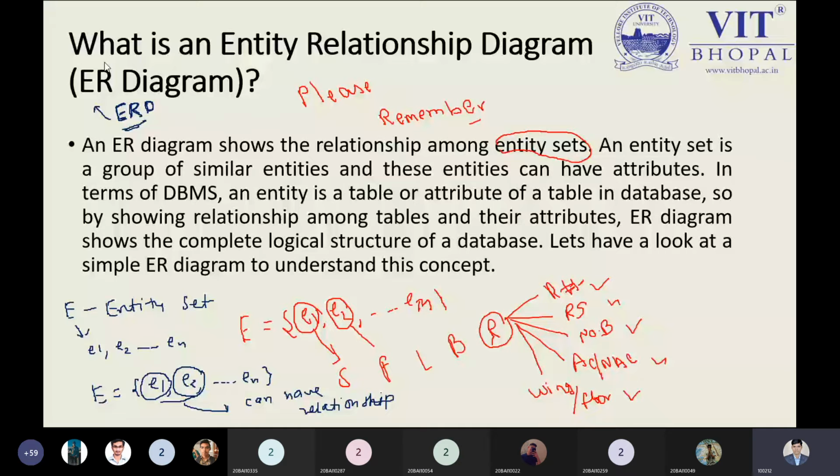If one entity is the product manufacturing or marketing department, what is the relationship between faculty and marketing department? There will be no sense. So that's why it is written that a group of similar entities means the entities should be meaningful, so the association or connection can be established in an easy manner. So student and faculty can come into one entity set.